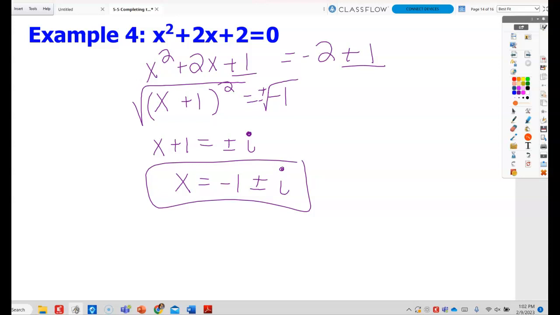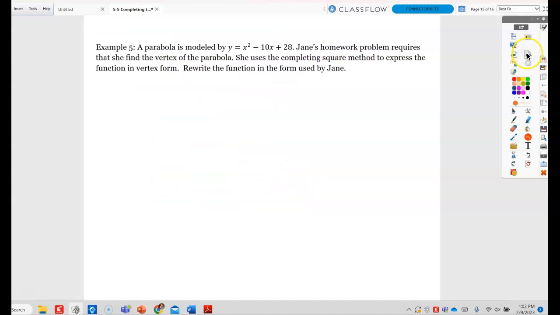So then in example 5, it says a parabola is modeled by the following equation. Jane's homework problem requires that she find the vertex of the parabola. So going back to section 5.1, going back to vertex form and standard form.